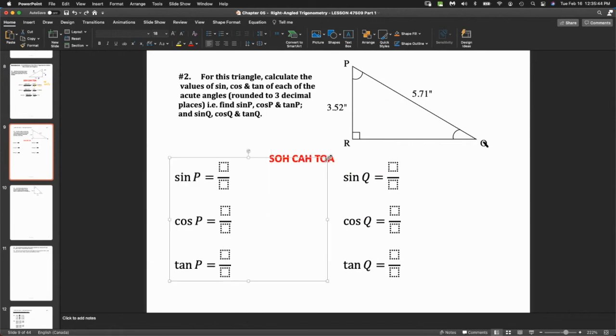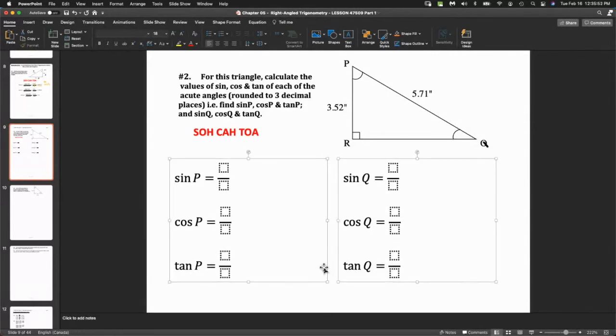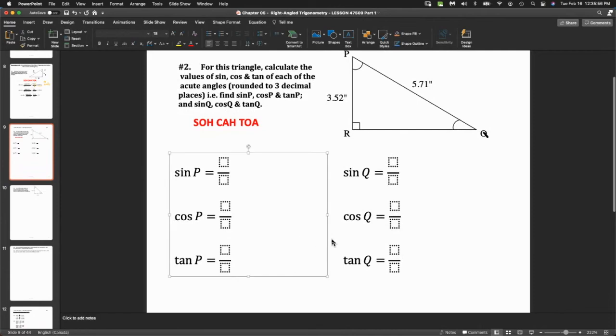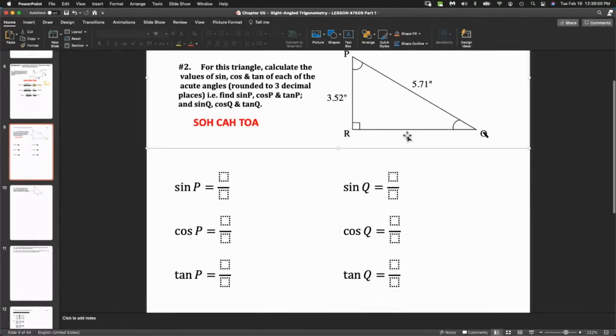But we do need to do one more thing here. In order to start doing this answer, we have to find the length of RQ. Can someone get the length of RQ? Just hook us up with RQ there for a second.